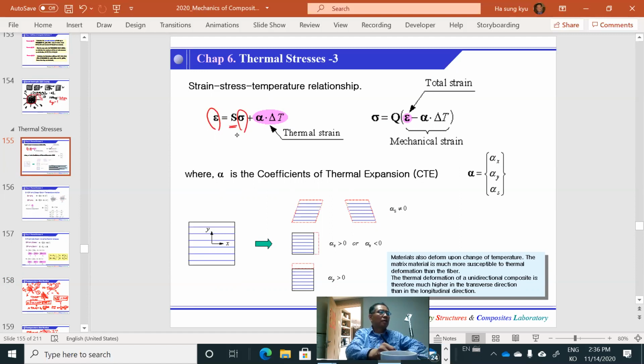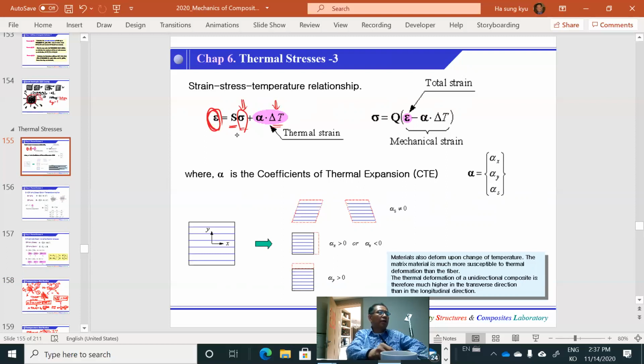So the strain is caused by the stress, but the strain is also caused by temperature, because the strain is always a relative amount. So delta T is the temperature increase or decrease with respect to a reference temperature. So there is a mechanical load, and there is another one due to a thermal load.